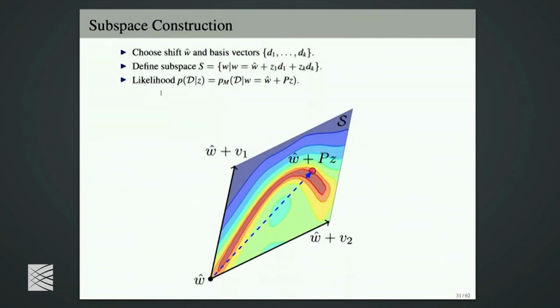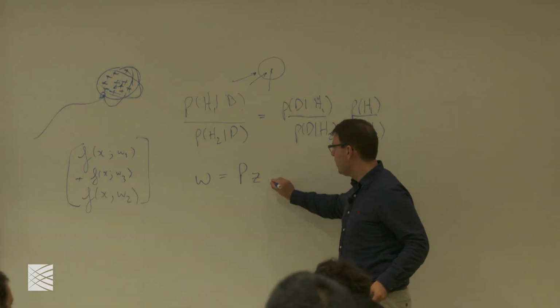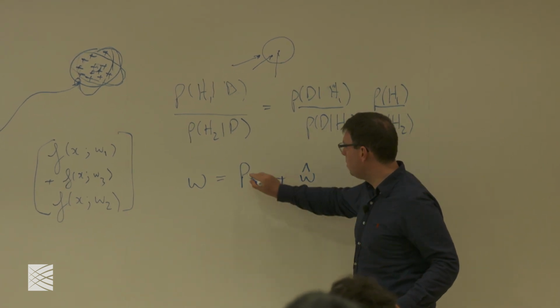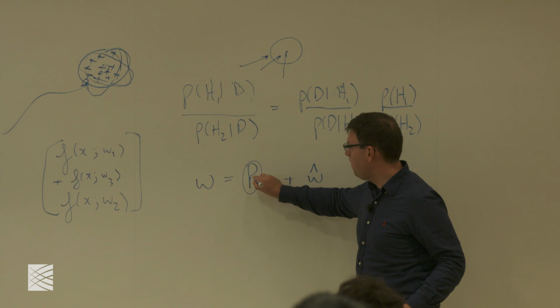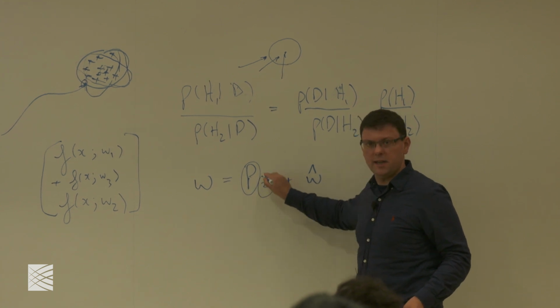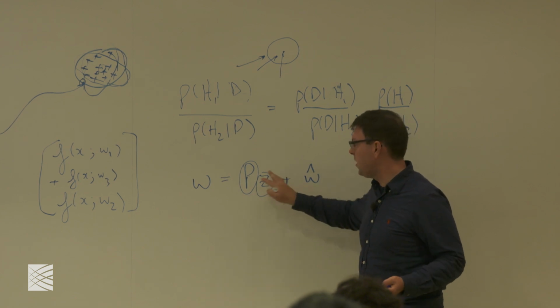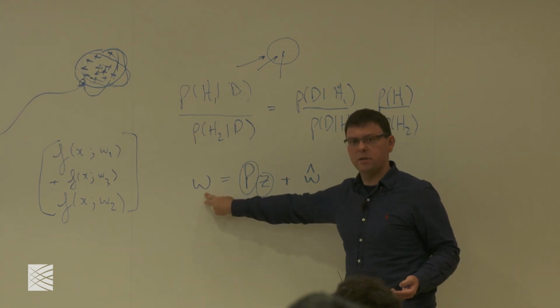And so the basic idea is we have our original parameterization W. It's equal to some linear projection P times a low-dimensional vector Z plus some kind of offset. And our goal is to construct P and then do inference in Z space. And then once we've inferred the posterior over Z, we can sample from that and use this equation to get our W's.